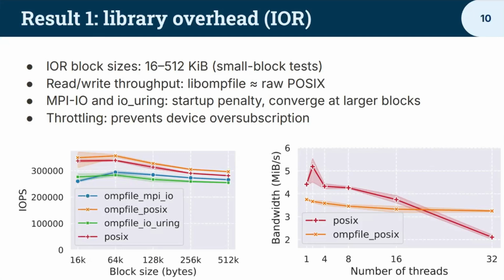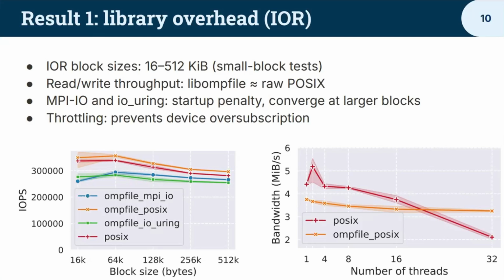If I increase my number of threads to bigger numbers, I start to oversubscribe the IO system and I start to lose performance. So for the POSIX dumb implementation, just a parallel for region with pure write inside, with 32 threads, the performance actually degrades.